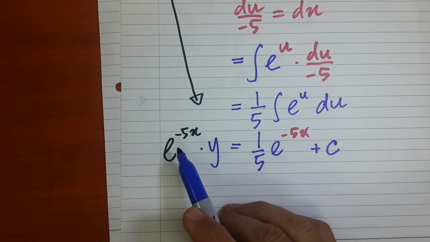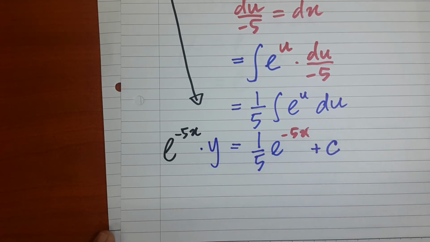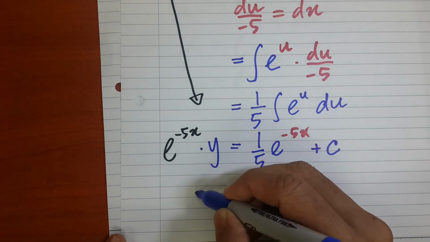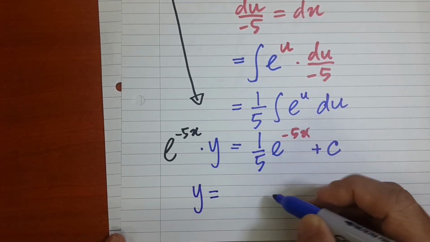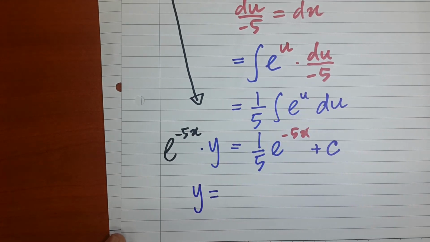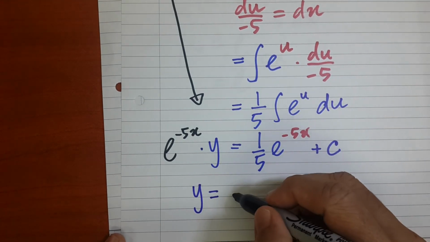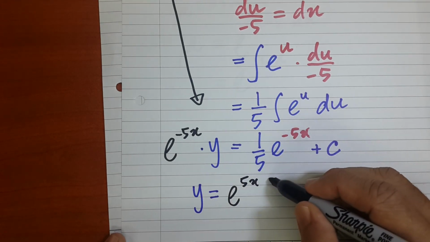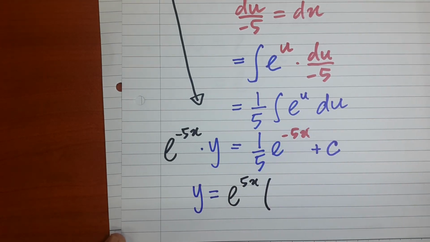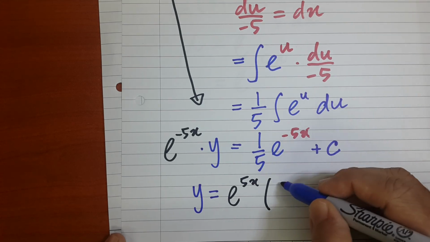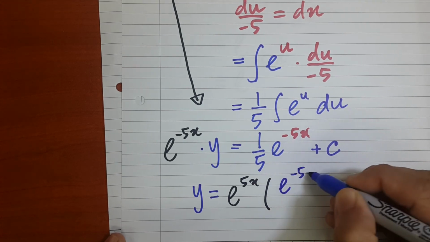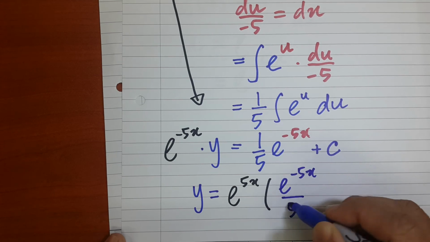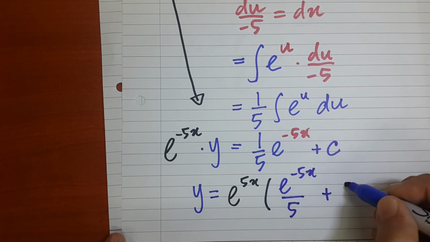Right, multiplying both sides by e to the power of 5x, we're going to get y equals e to the power of 5x multiplied by e to the power of negative 5x over 5, plus C.